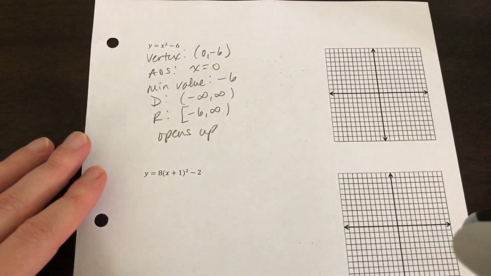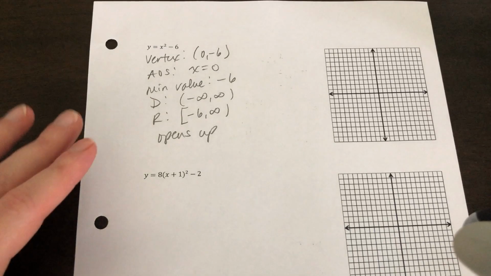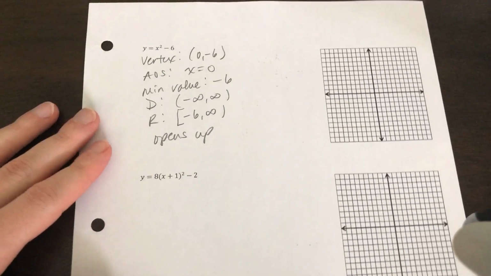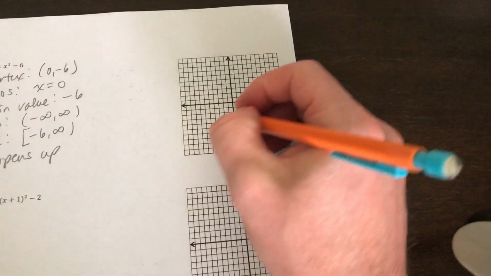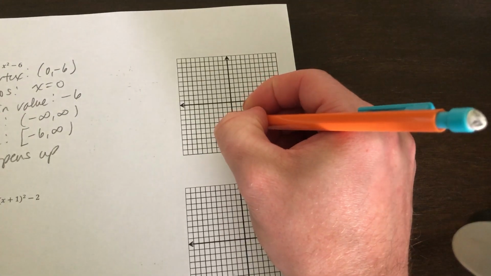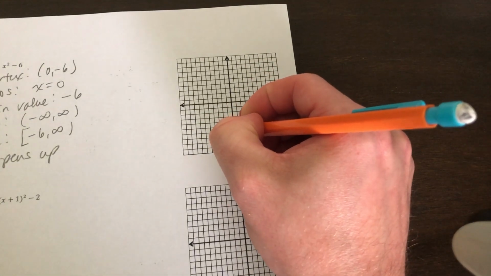Okay, so we can use our knowledge of parent functions. The graph y = x squared goes to the origin. Now if you want to shift it down 6, because that's what this says to do, 1, 2, 3, 4, 5, 6.